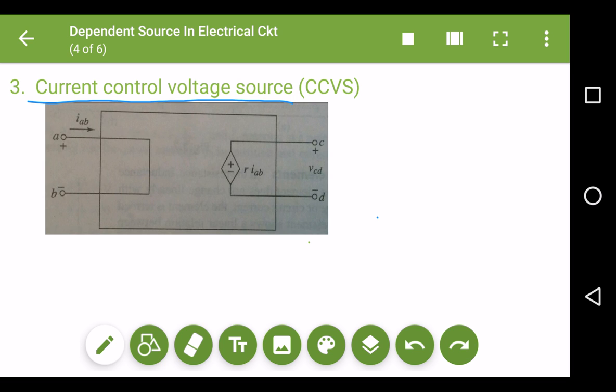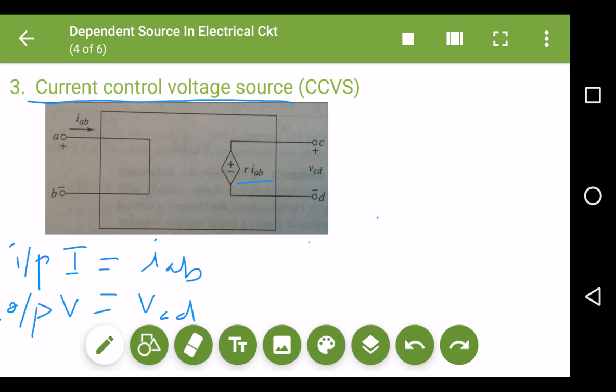So my input signal is the current IAB, and my output is a voltage that I have to control, that is VCD. Again we know that we have to multiply with some multiplication factor, and here the multiplication factor is R. What is R, we will discuss.